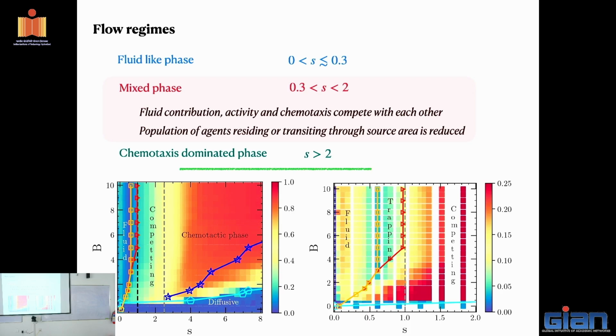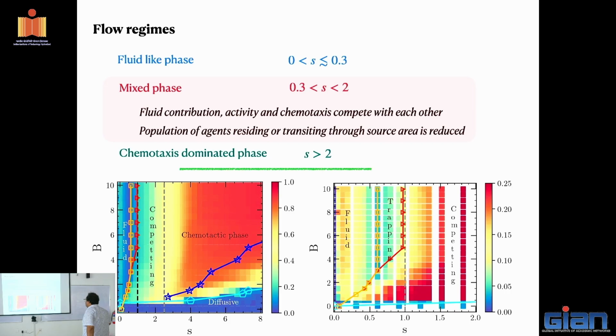So what you have so far is in fact three kinds of flow regimes for the bacteria or for the particle. You have a fluid-like phase for S between 0 and 0.3. All of them can come out of vortices and pass through the source area. There is a mixed phase between 0.3 and 2, and you saw that not all of them are able to reach.